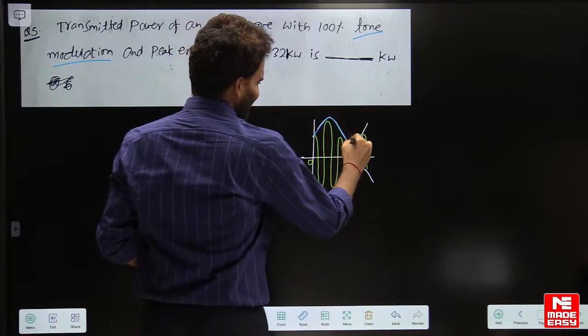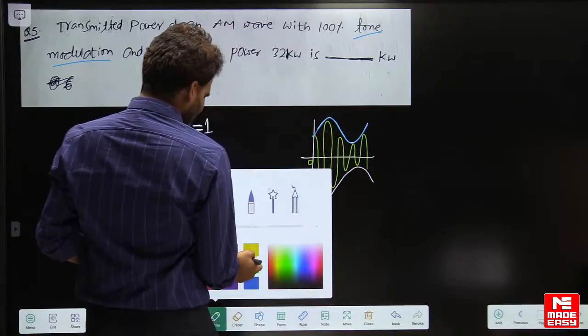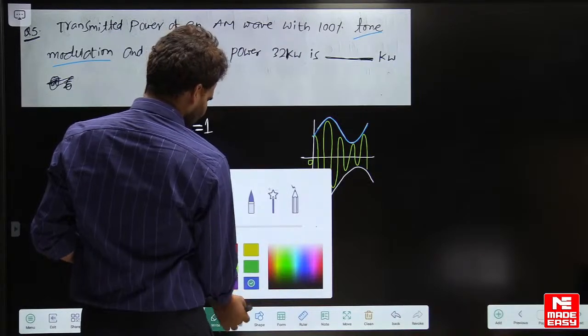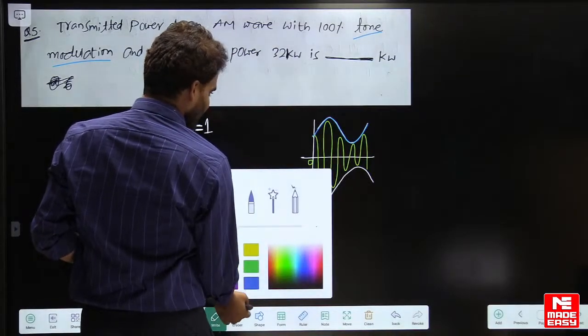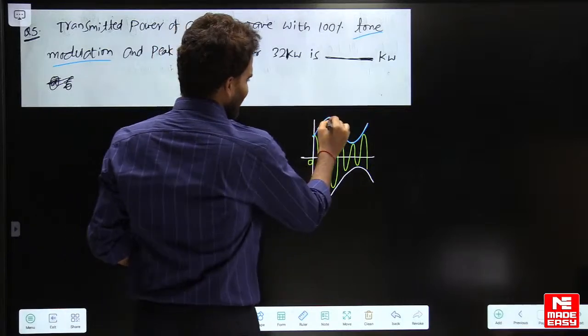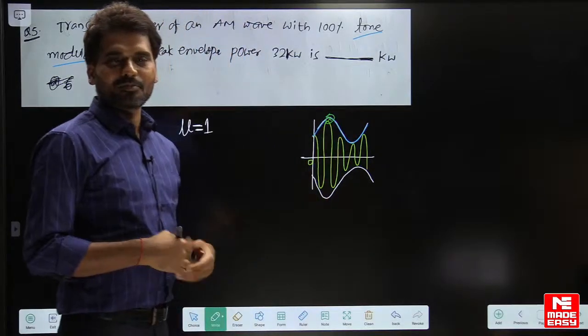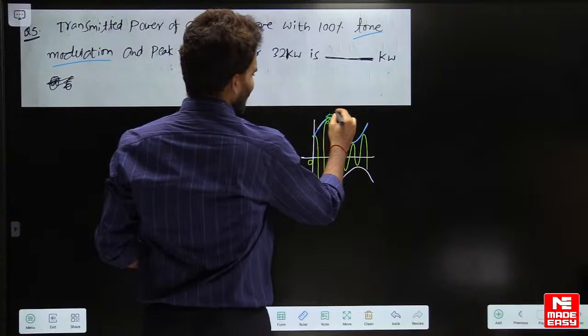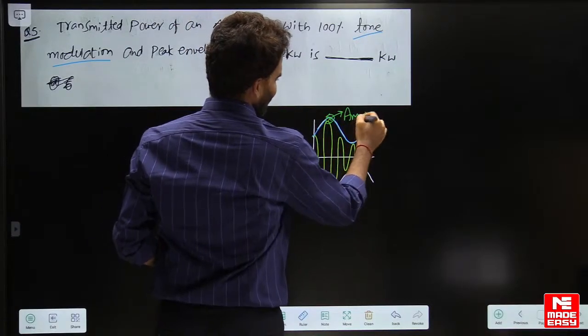The peak envelope means the peak of the envelope, which is of course A max.